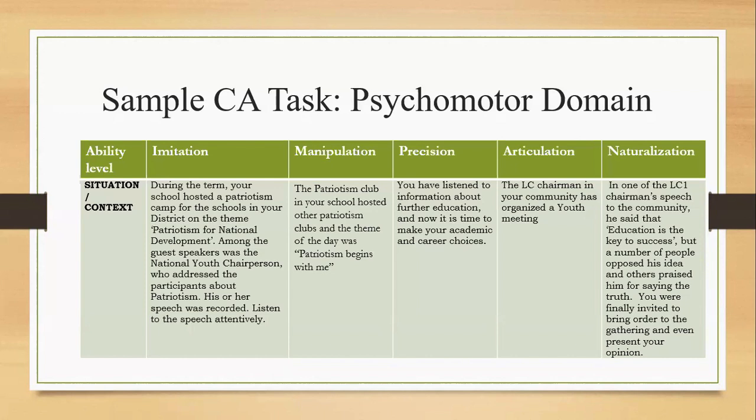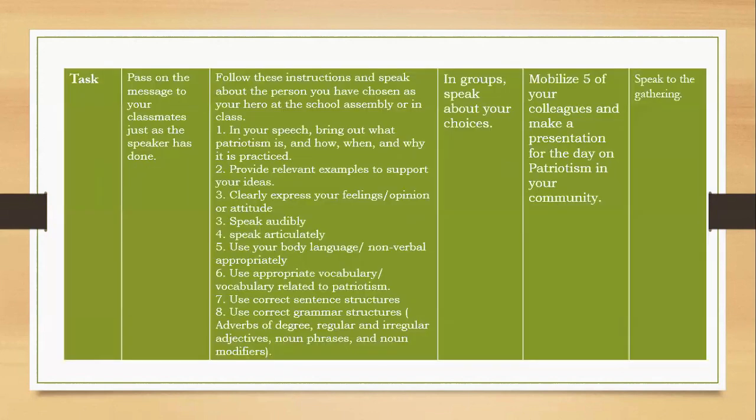Time will come when this child can enter the road on their own. Then the child becomes so competent in driving that he can even put on music and do anything without any challenge. So that is the naturalization level.